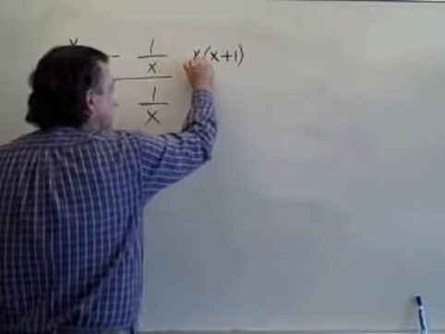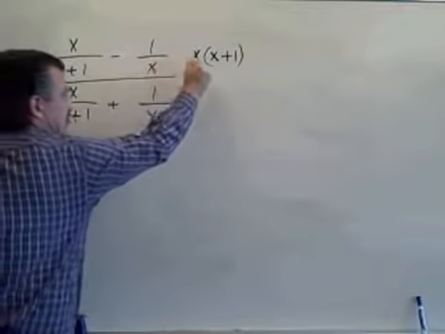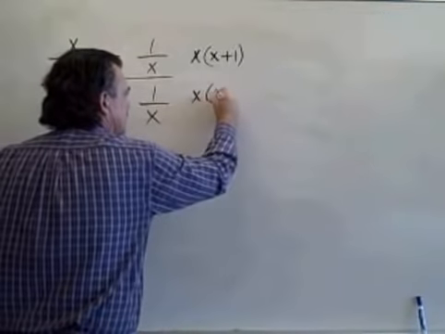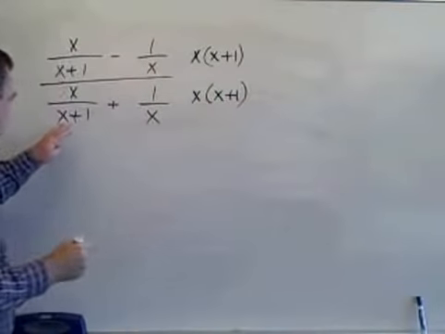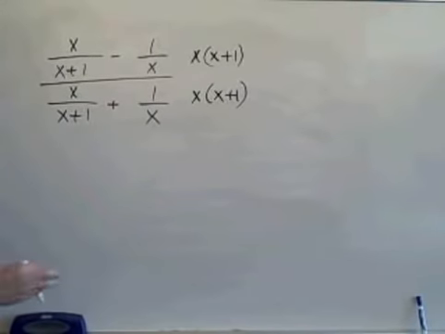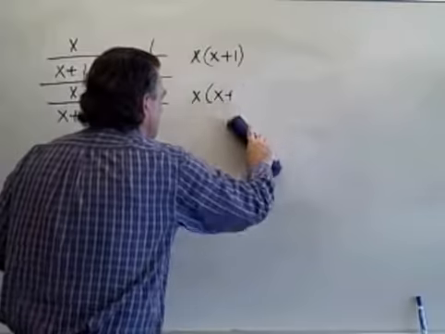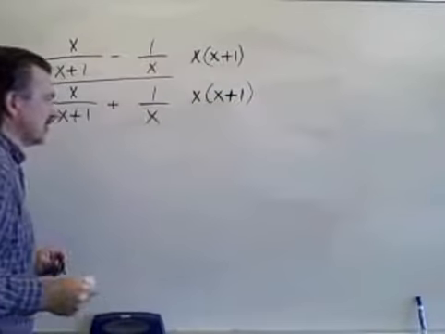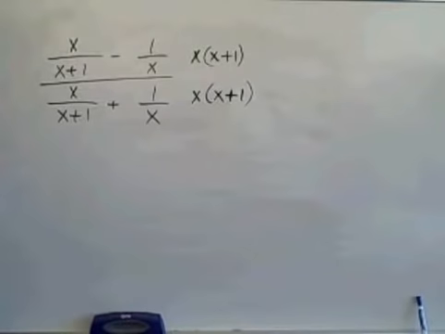So I would need a separate multiplier of x to cancel the x that's in that denominator. And likewise, wouldn't x times x plus 1 cancel the denominators that I have in these fractions? Make sure that that's an x plus 1 and doesn't look like something else on the video.